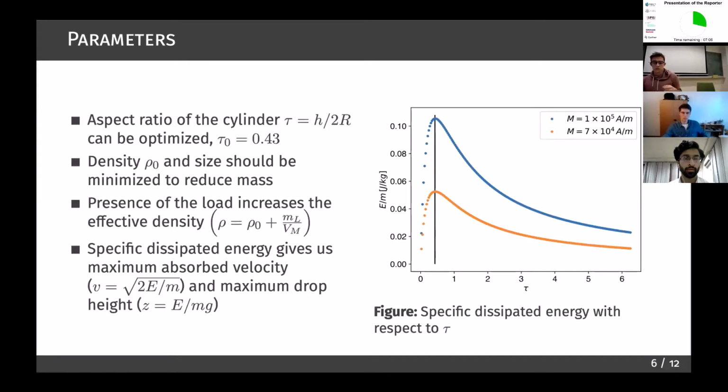The density of the magnet should be minimized, as well as the size of the magnet to reduce the mass. The presence of the load on the magnet that we are trying to protect, we solve by introducing the effective density. And the specific dissipated energy gives us the maximum velocity that we can absorb and the maximum drop height through two very simple equations.